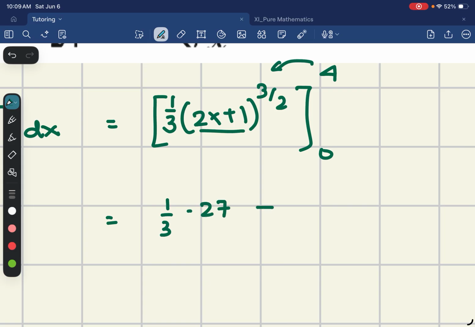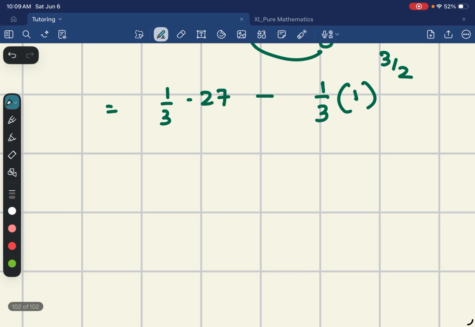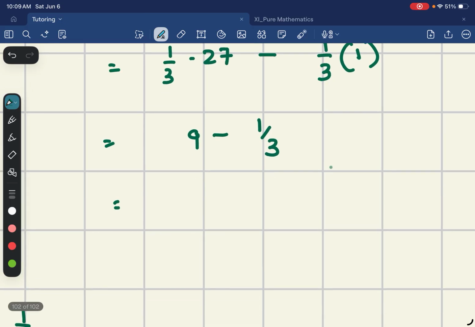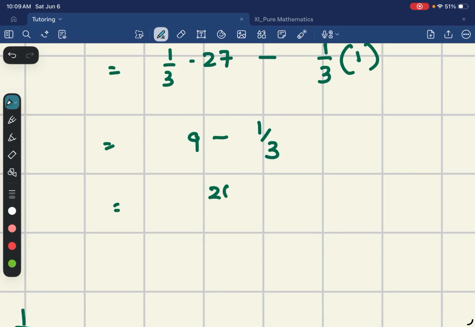And minus, you substitute 0 here. You have 1 over 3. 2 times 0 is 0 plus 1 is 1 to the power 3 over 2. So 1 over 3 times 27 is just 9. And from this part, you get 1 over 3.